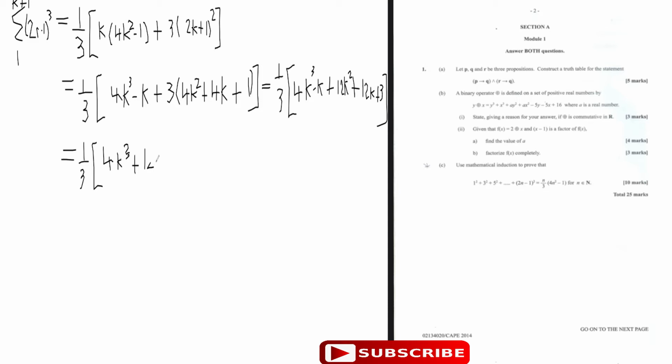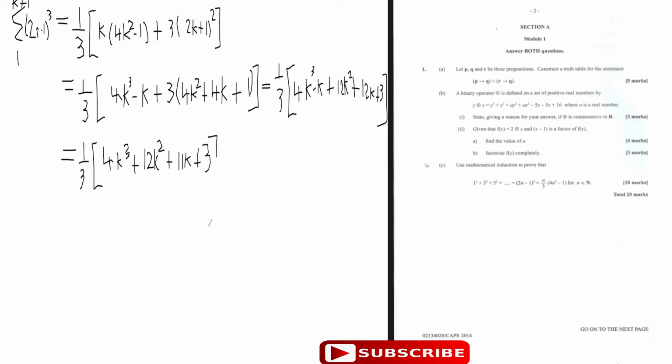Then we group our k terms together, notice we have a minus k and a plus 12k, so that's plus 11k. And then what do we have left? We have just our constant, which is plus 3. All right, nice. So we have 4k cubed plus 12k square plus 11k plus 3.